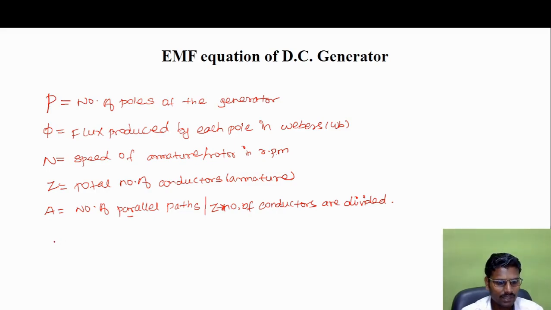One is lap winding. The other one is wave winding.